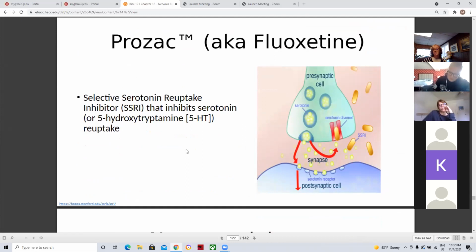What that means is that Prozac works to block reuptake of serotonin into the presynaptic cell. Prozac is a great antidepressant and great anti-anxiety medication because it allows serotonin to stay in the synaptic cleft longer.